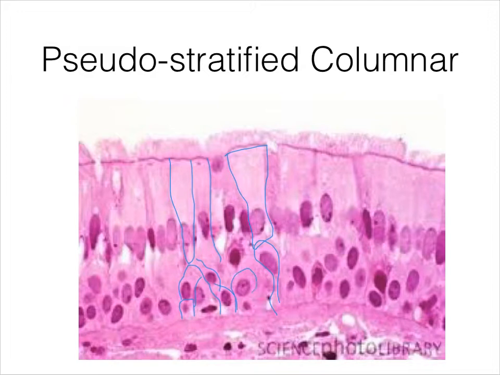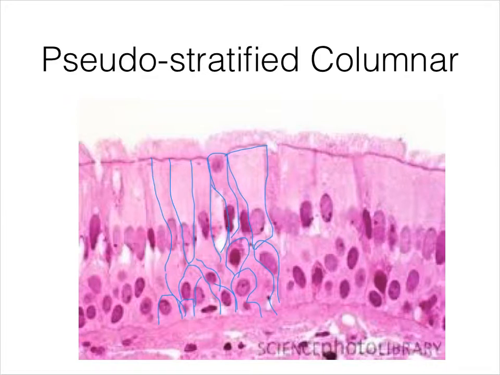And so you'll see these nuclei kind of out of place as the cell comes into and out of the frame of the section. And so you don't really see a nice even line of nuclei towards the bottom. If you outline the cells, you don't see nice even rectangular cells. That's what tells you that it's pseudo-stratified.